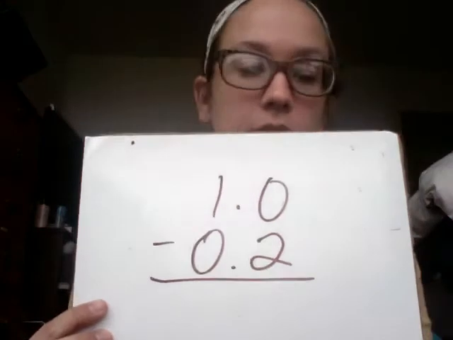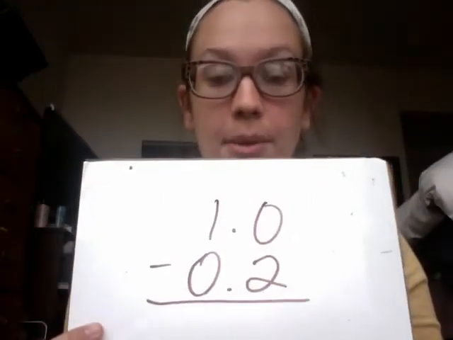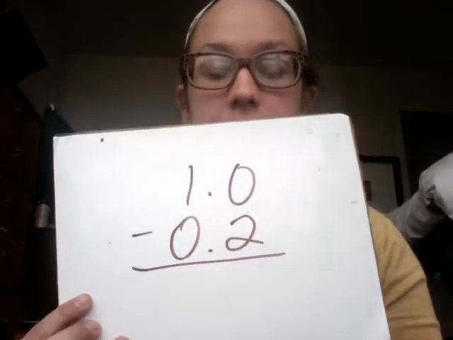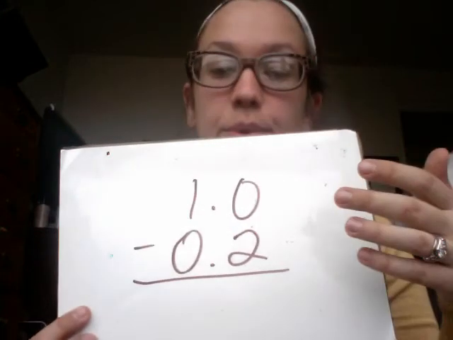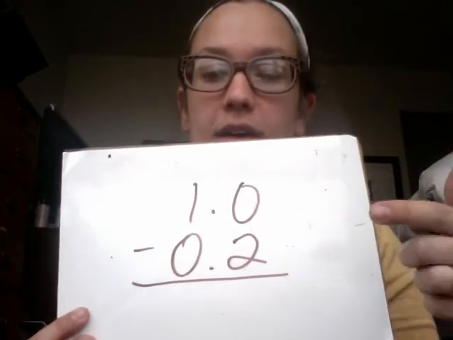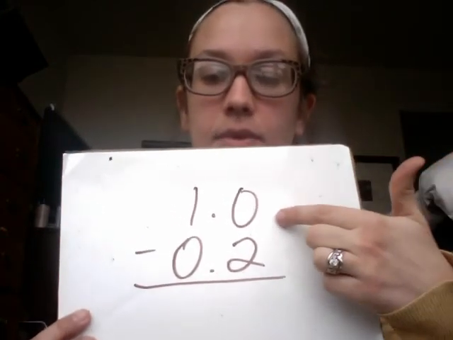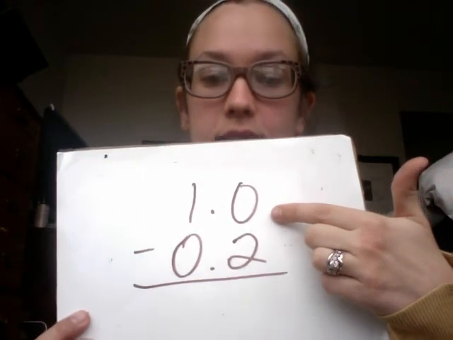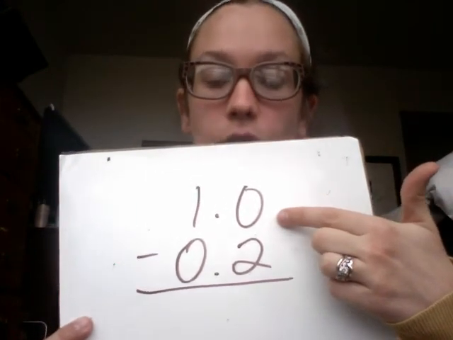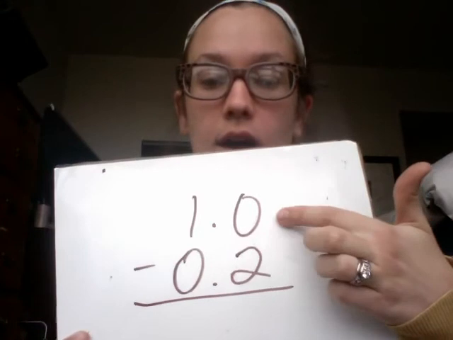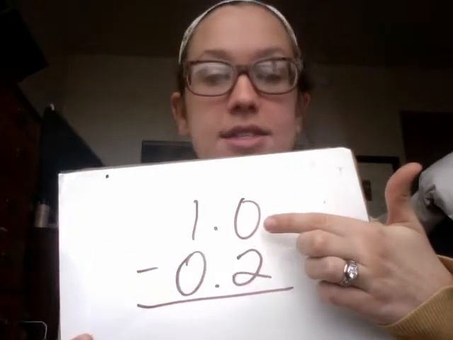Now, if it was more complicated, or if you don't feel comfortable doing it in your head, we could also set this problem up like this. Okay, notice in the problem in your book, it doesn't have 1.0, right? Because 1 whole automatically has 0 in its tenths place.